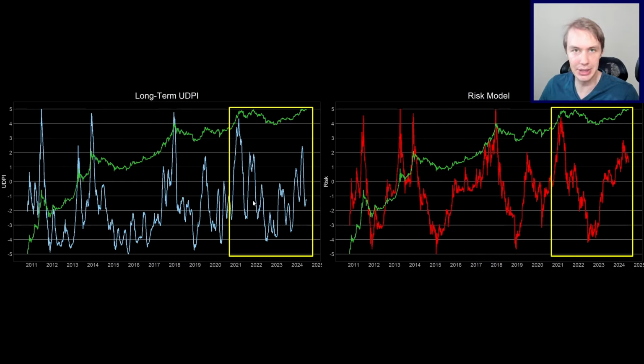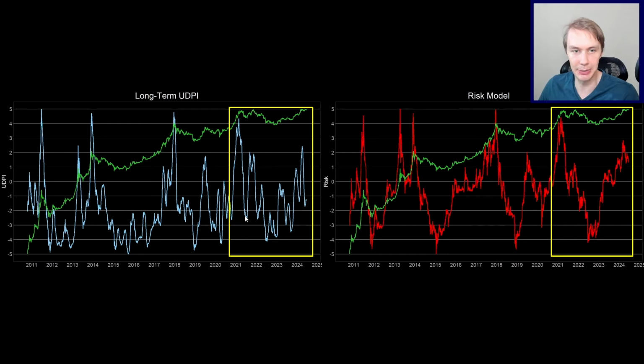Likewise, if we look at the more recent cycle, we can see something similar, where in this interesting double top that we had in this market cycle, you'll notice that the UDPI got higher risk than the risk model did there, suggesting that this was not as safe of a point as something like the risk model was suggesting.